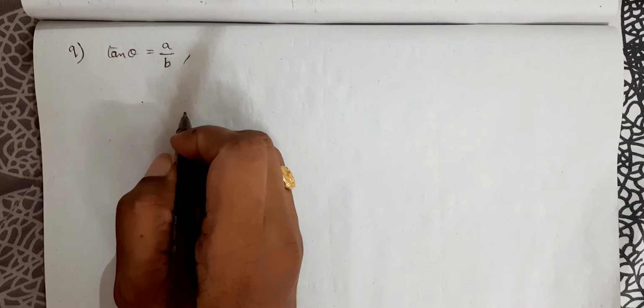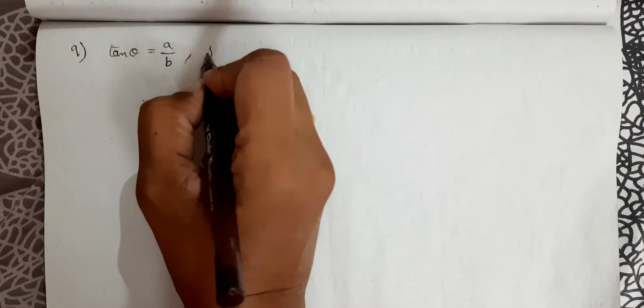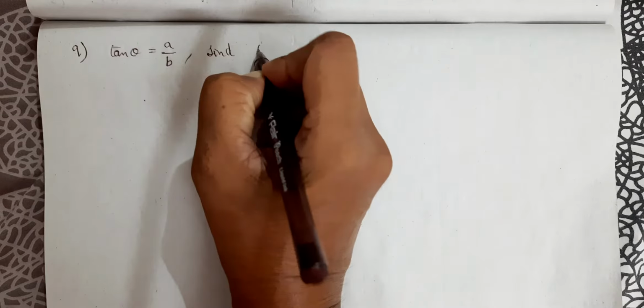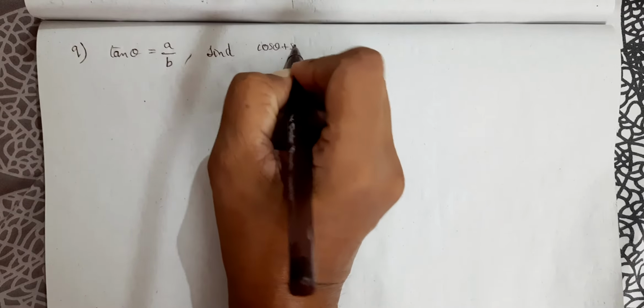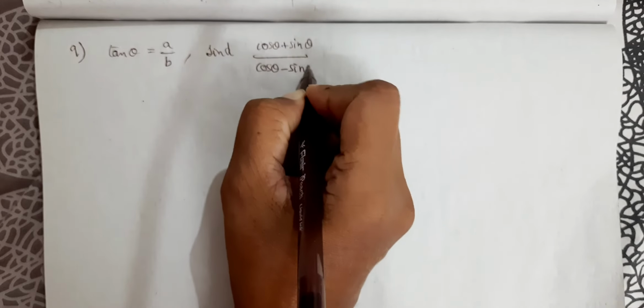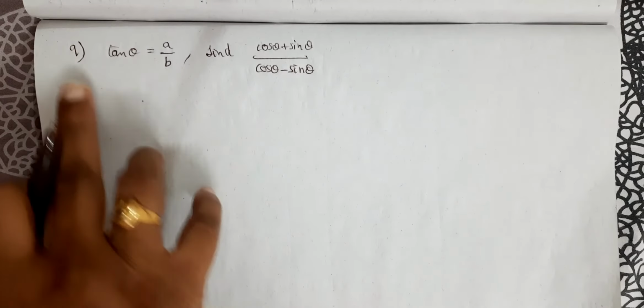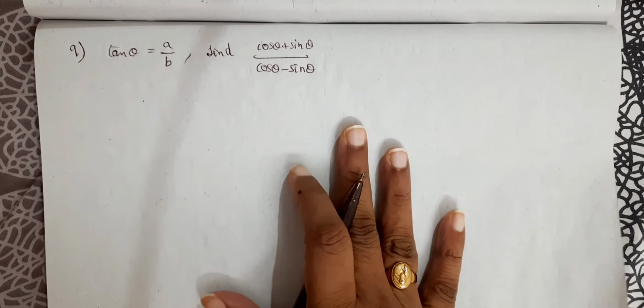Now find or evaluate cos theta plus sin theta divided by cos theta minus sin theta. So this is from exercise 10.1, ninth problem from new edition of R.D. Sharma. Okay, so now what to do now?